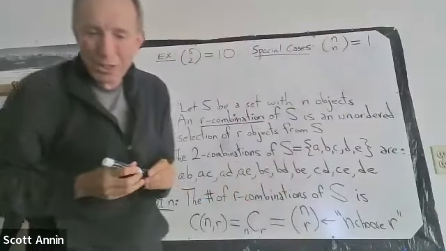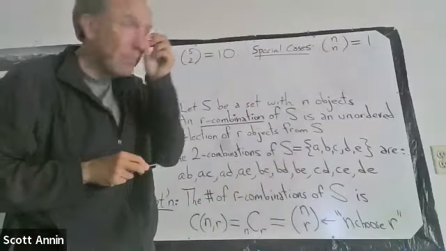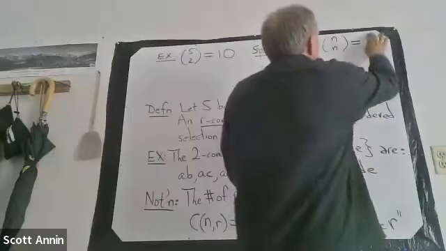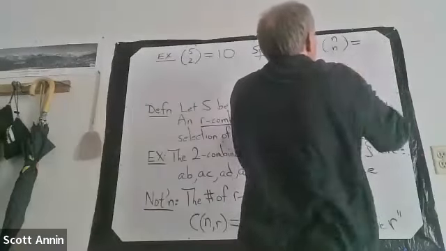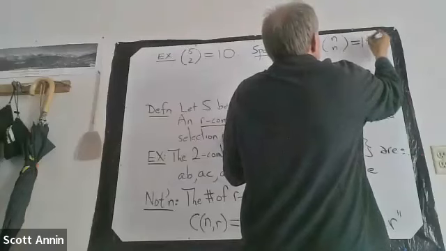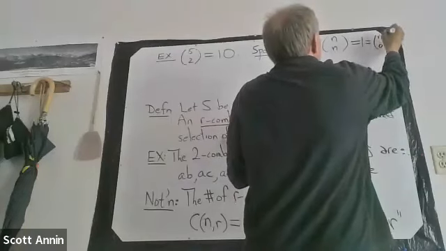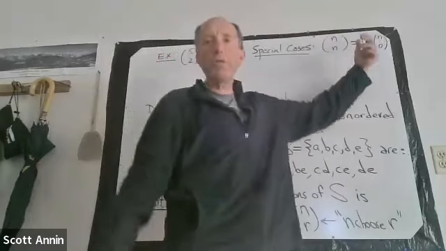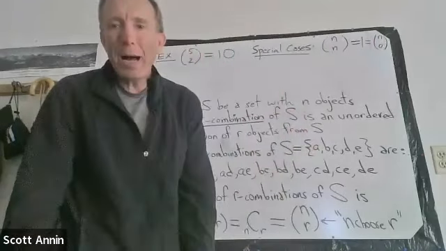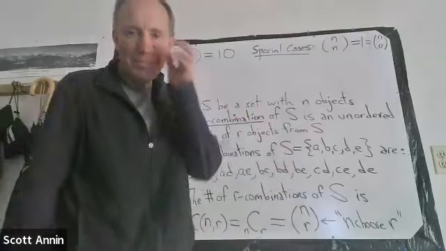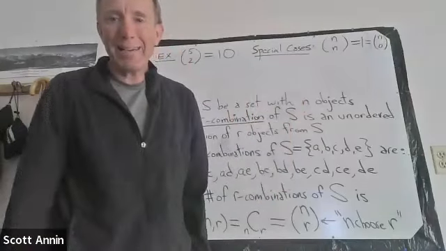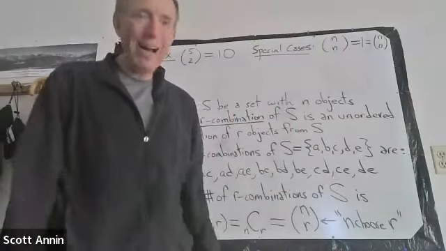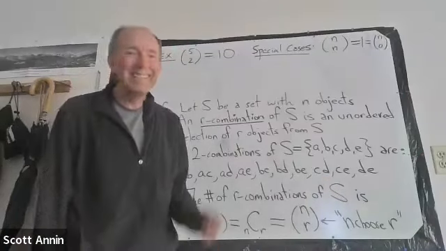So that's just equal to 1. And that's also the same as the value of N choose 0, by convention. How many ways are there to choose no objects from your set? Well, there's just one way to do that, which is literally to not choose any objects from that set.